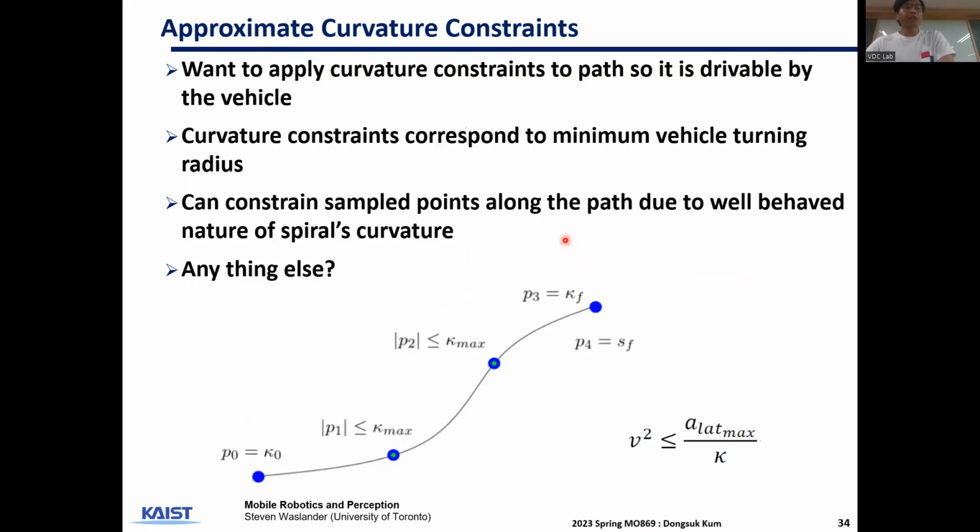For approximation of curvature constraints, we want to apply curvature constraints to the path so it is drivable by the vehicle. Curvature constraints correspond to the minimum vehicle turning radius. So this is dependent on the vehicle design. Using the earlier spirals, we can constrain the sample points along the path due to the well-behaved nature of the spiral's curvature.